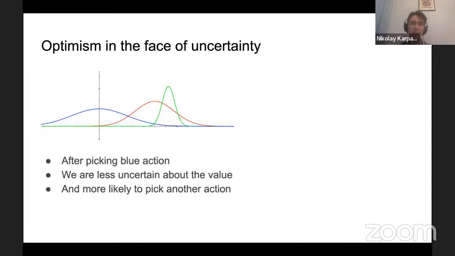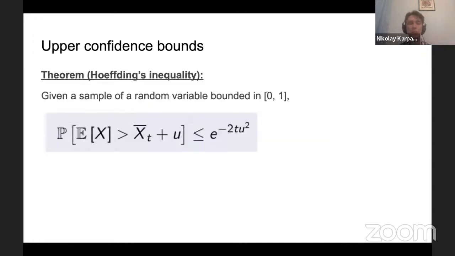A percentile is not a very theoretically sound measure of uncertainty. The better way to do this is by using Hoeffding's inequality. Hoeffding's inequality is the fact from probability that can measure upper confidence bounds with good precision.